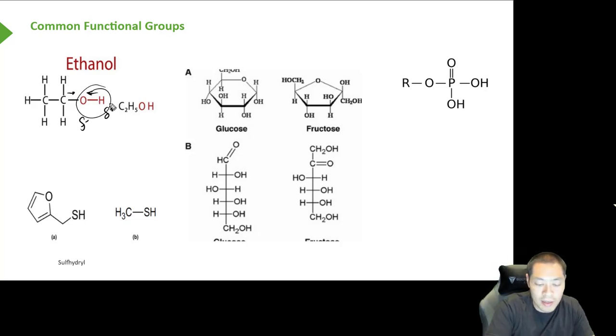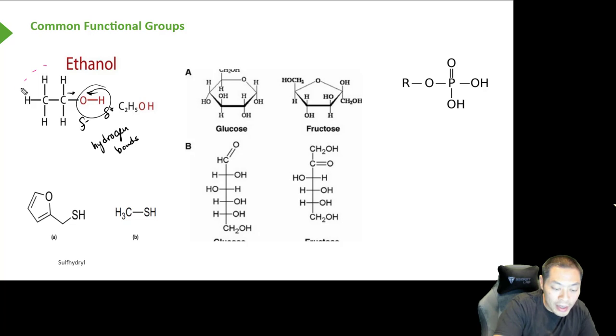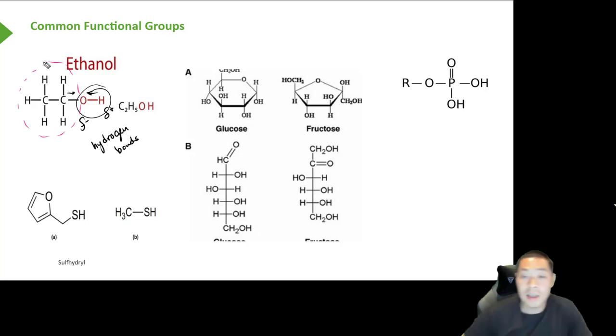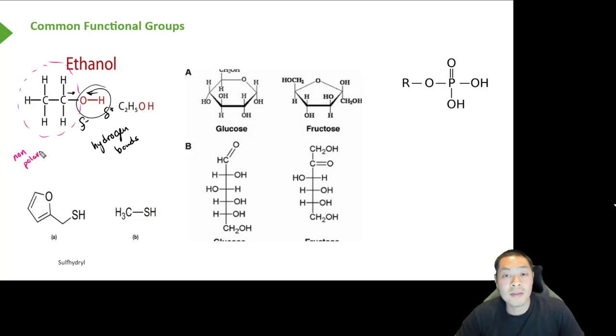Because of its partial negative and partial positive, it can form hydrogen bonds. And because it can form hydrogen bonds, that means it can dissolve in water. So even though this part right here on the left, the hydrocarbon, is non-polar, which means by itself it can't dissolve in water, with the alcohol, now it can. So that's one cool thing that we have here.